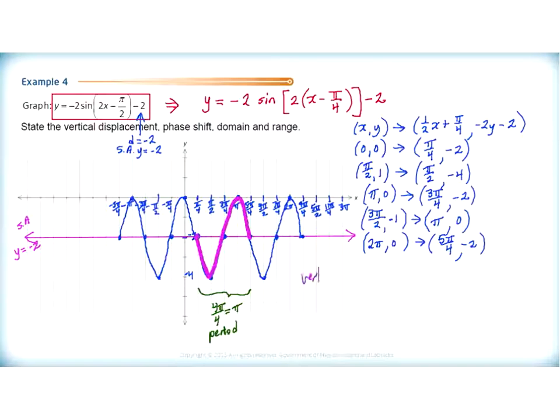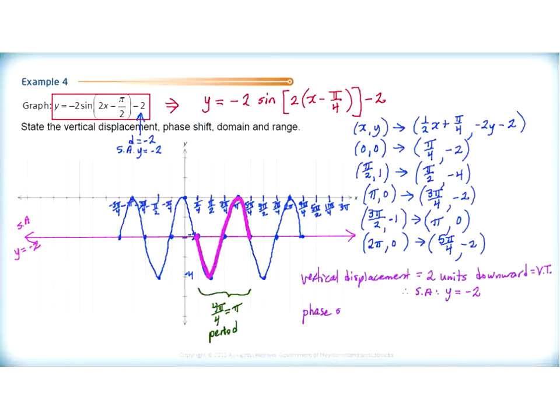The vertical displacement equals 2 units downward. That, by the way, is the same as the vertical translation. And that also tells us that the sinusoidal axis passes through y equals -2.